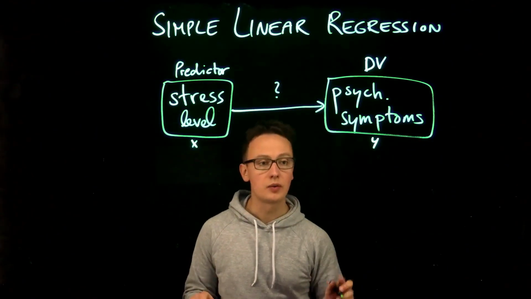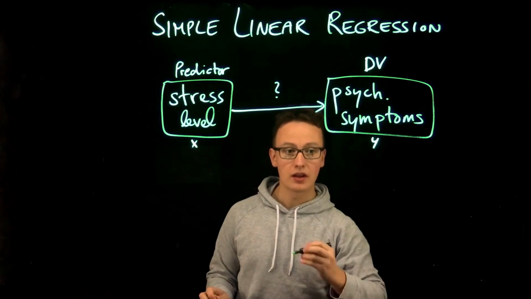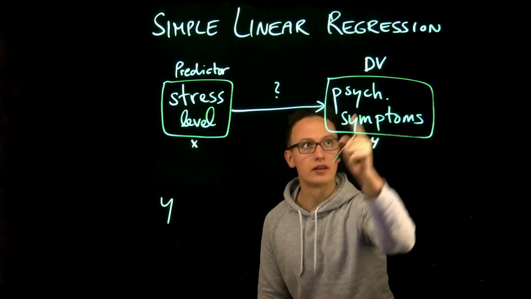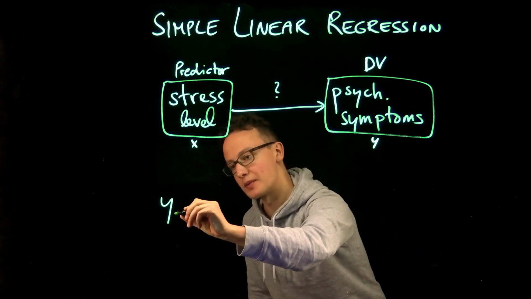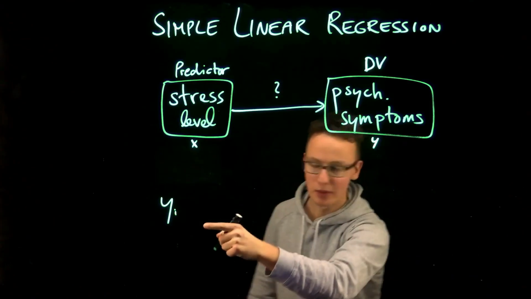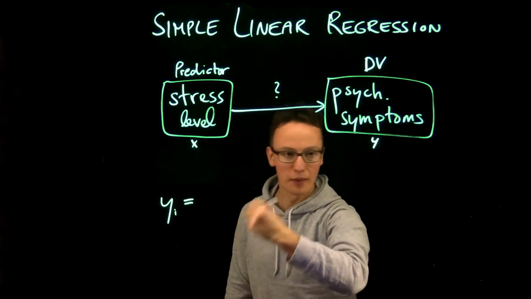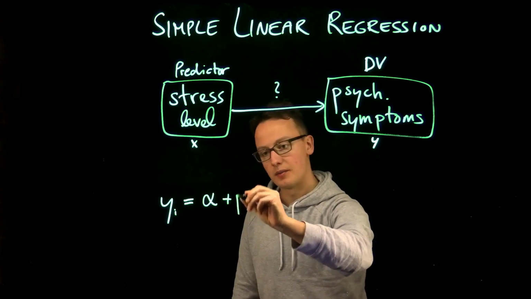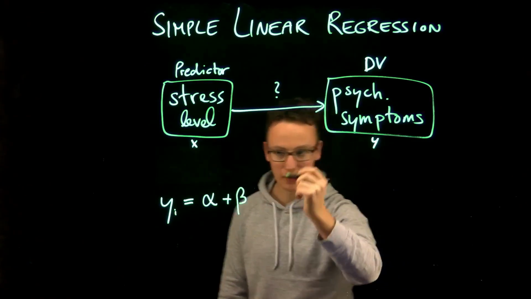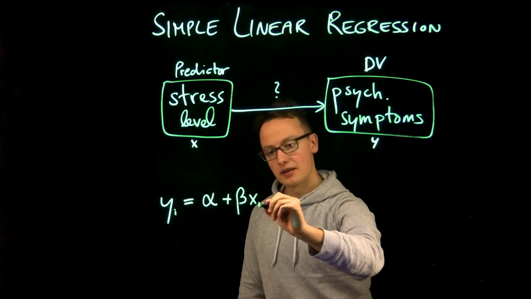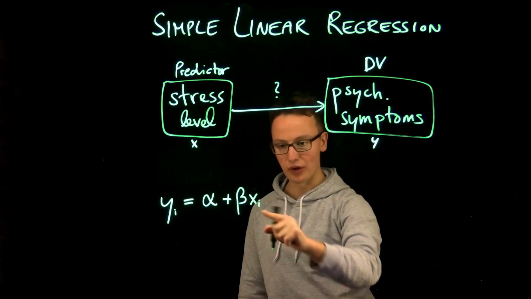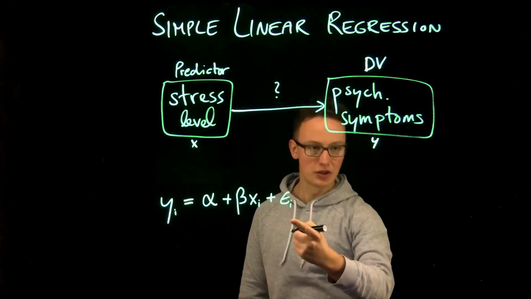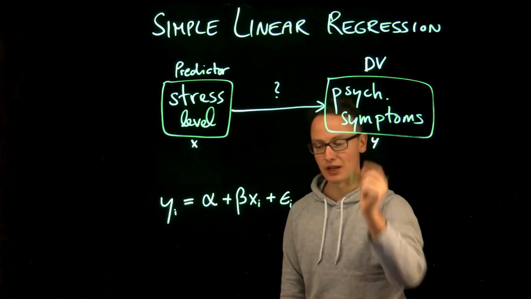So with these two variables specified, mathematically the relationship we want to find is that the psychological symptom score for any particular participant i, where i is just an index for a specific participant, should be represented by alpha, which is the intercept, plus beta, which is the slope of the linear relation, times x_i, the stress level score of this particular participant, plus epsilon, which is the residual variance not explained by this relationship, okay?